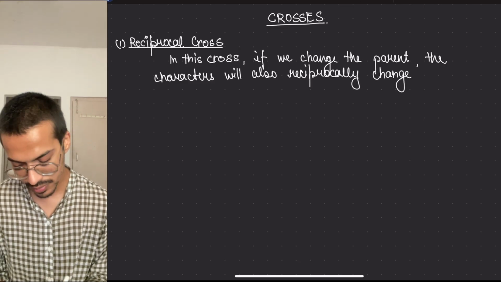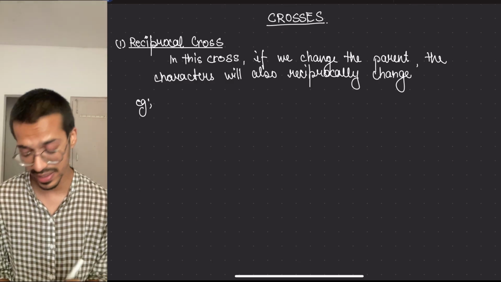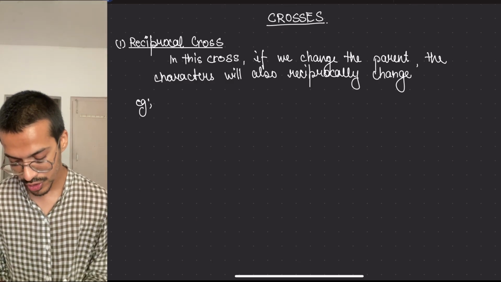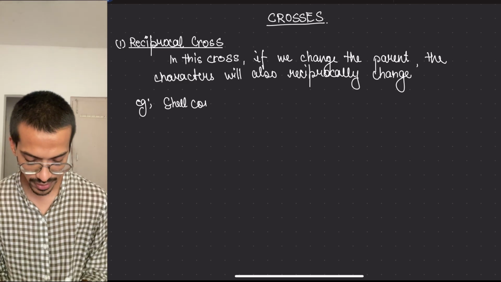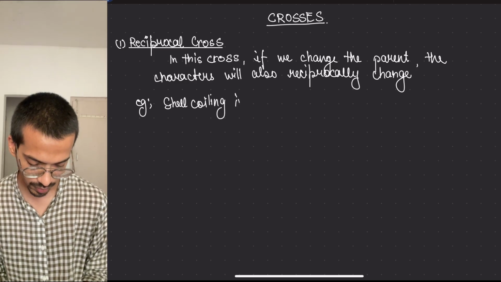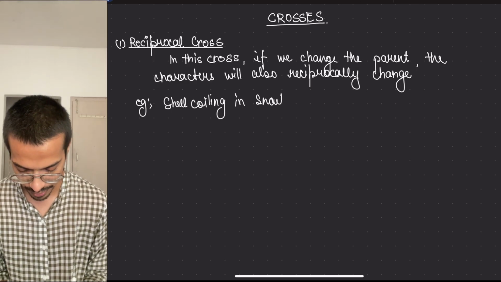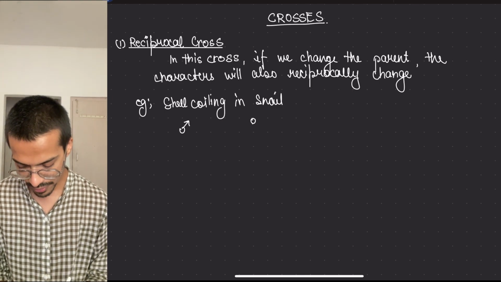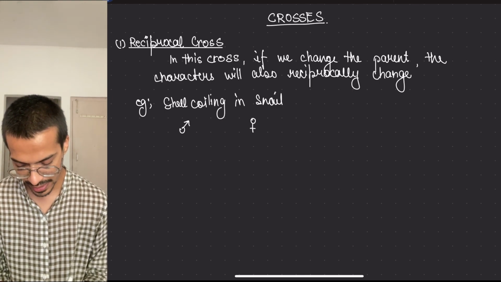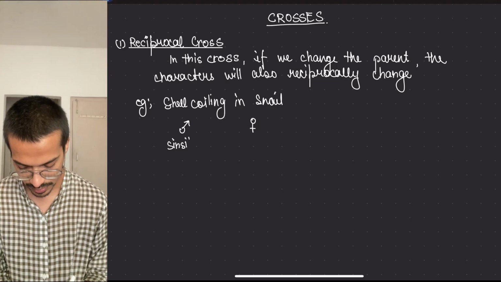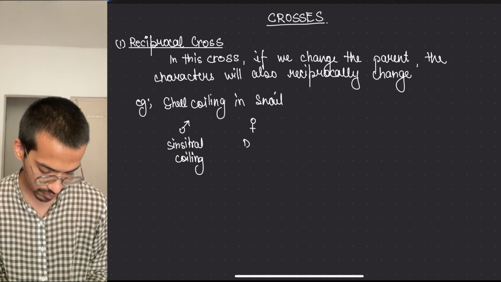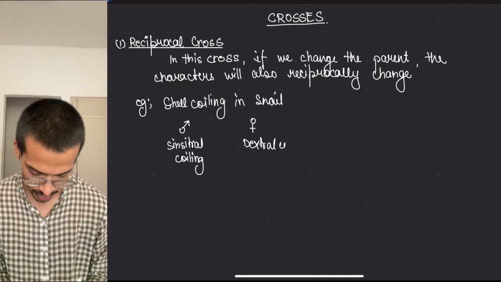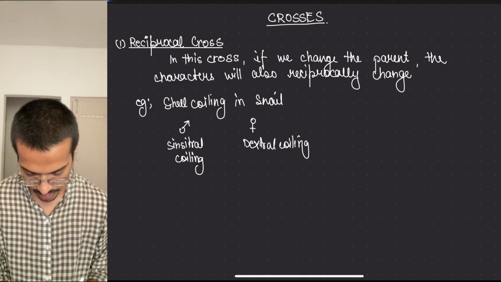Example, same, this cytoplasmic inheritance. Shell coiling in snail. Okay, let's take an example, male and female. If the male, you remember we had taken, has sinistral coiling, and the female has what? Dextral coiling. So all the babies would be what? Dextral.